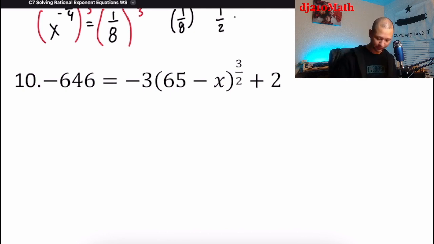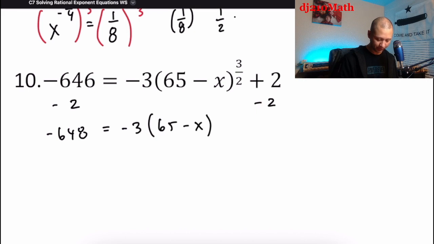So let's see. Subtracting 2 from both sides. Left-hand side, we're going to get -648 is equal to -365 minus x to the 3/2. Divide both sides by 3 first.